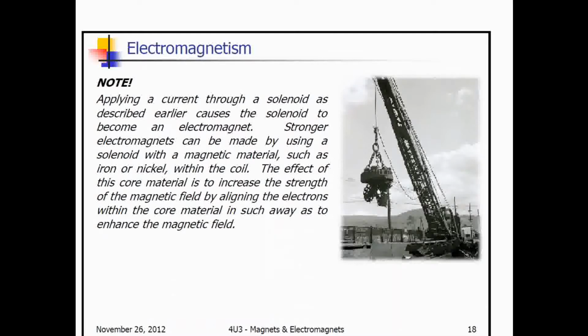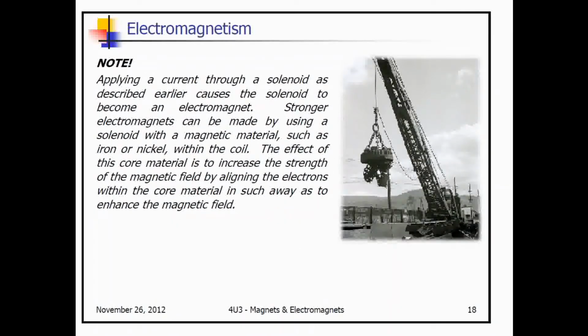So one of the big uses of electromagnetism is the solenoid, and these solenoids allow us to very quickly magnetize something. We use them in large industrial electromagnets like the one shown here, and part of the way we can create a stronger electromagnet is we can create more coils around the solenoid.